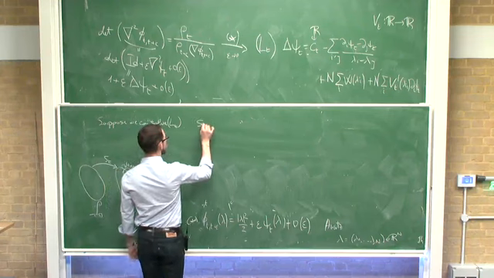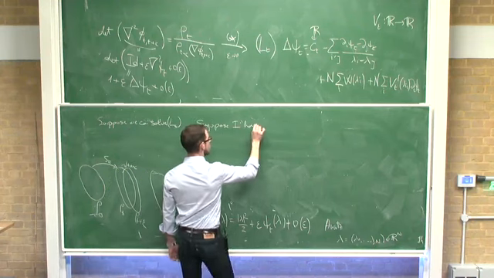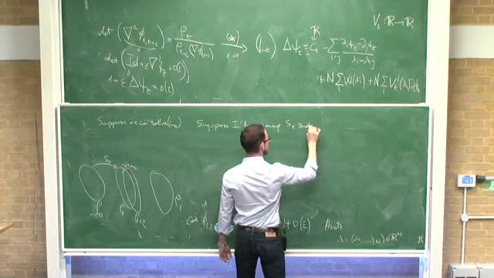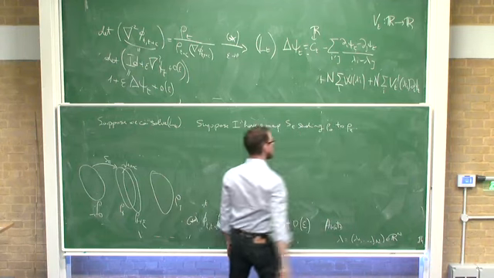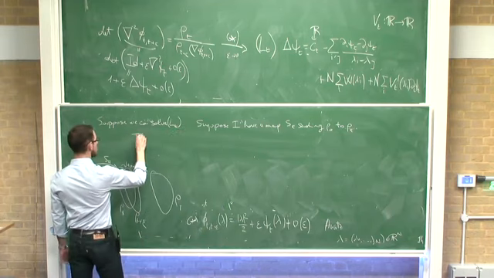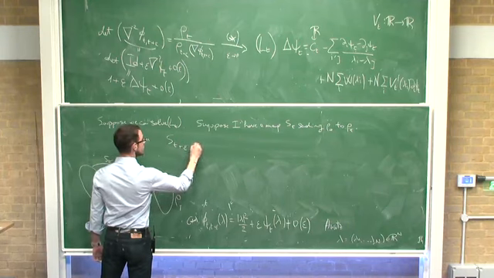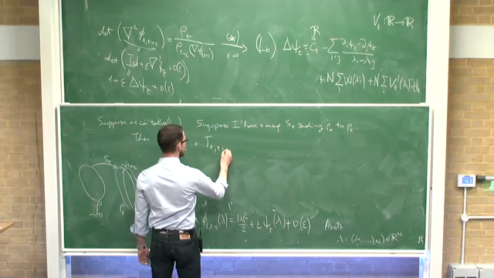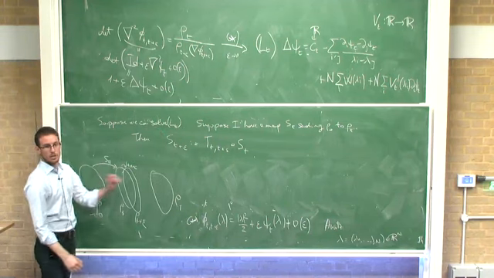So suppose I have a map S t sending rho 0 to rho t. Then I will set S t plus epsilon to be T t plus epsilon composed with S t. Simply I go first with S t and then I compose with the map.